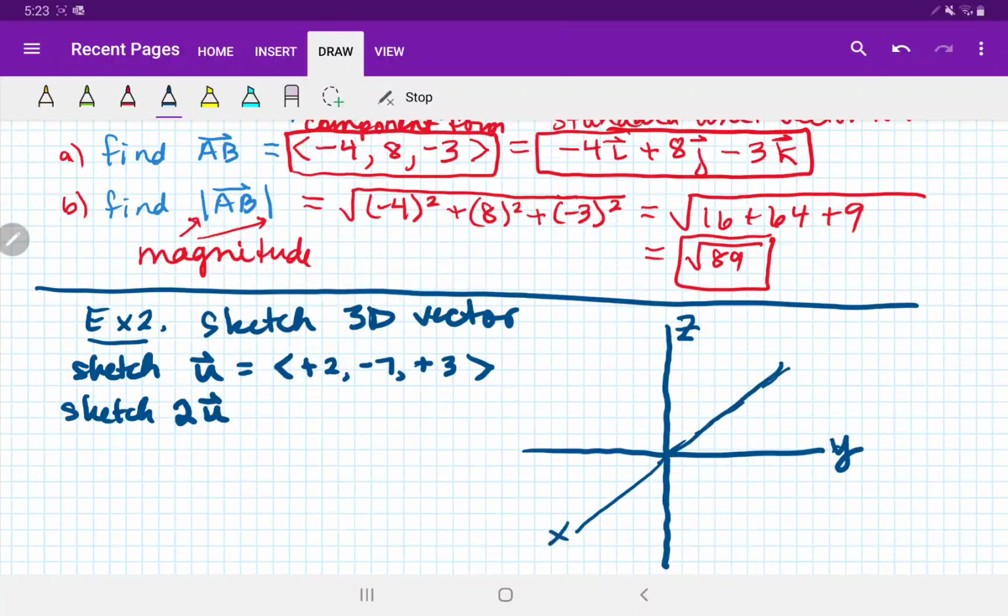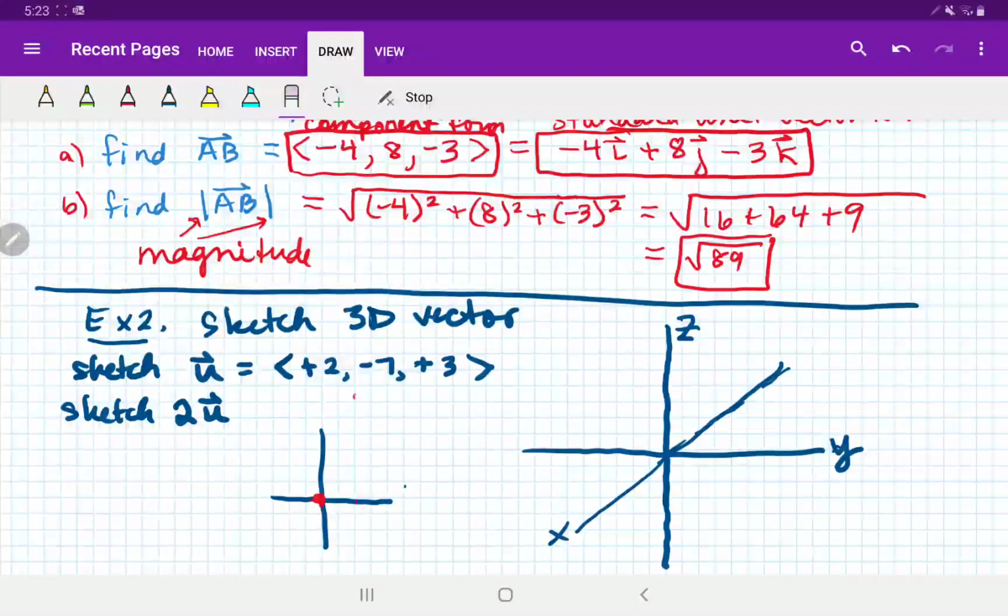Now when you're drawing a vector in 2D, let me just draw a little 2D one. You can actually start wherever you want. So you could say go right 2, go up 7, and then you would just draw the vector like this. Or most people, when they draw a vector, start at 0, 0. So that's to the right 2, down 7.